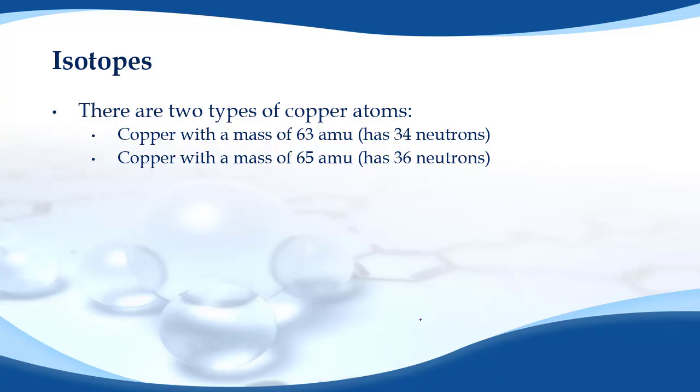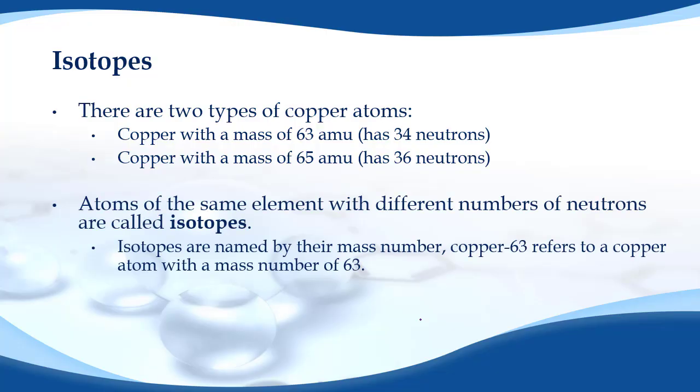Because they're copper, they both have the same 29 protons. But what's different about them is the number of neutrons that they have. Whenever you have atoms of the same element with different numbers of neutrons, those are called isotopes.